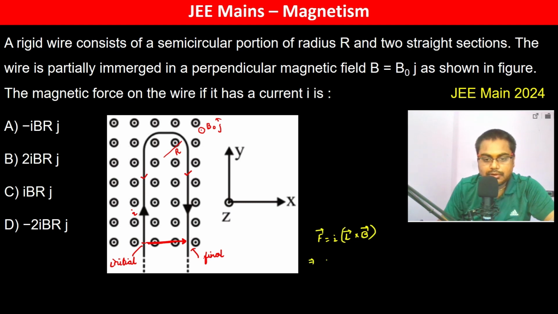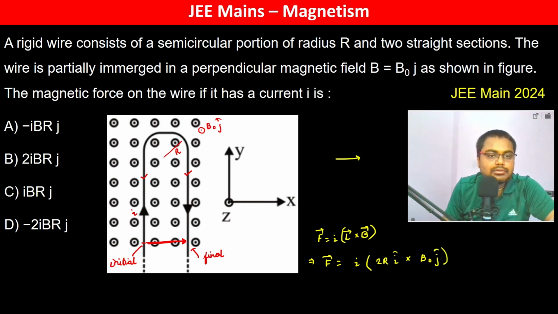Now what is F? Force is I, which is mentioned here as I only. L is 2R I cap, because it's in this direction. Cross B, B is B naught J cap.